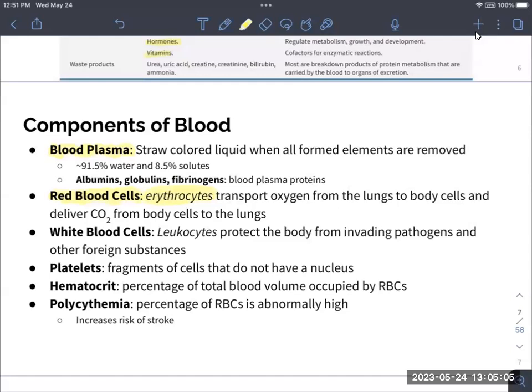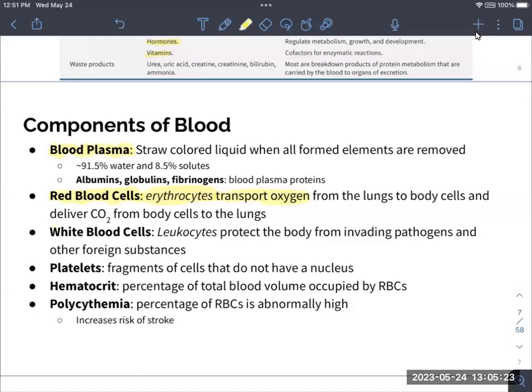Their main job is to transport oxygen. They pick up oxygen from the lungs and take it out to the different tissues. They also pick up carbon dioxide from those tissues and take it back to the lungs.